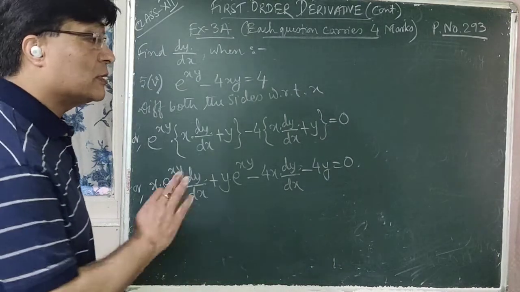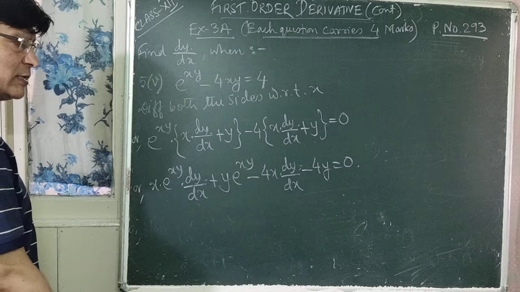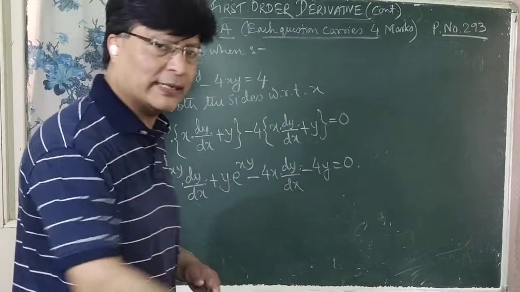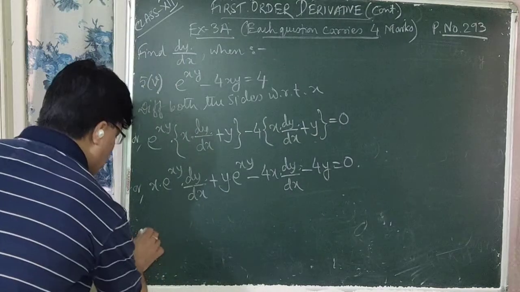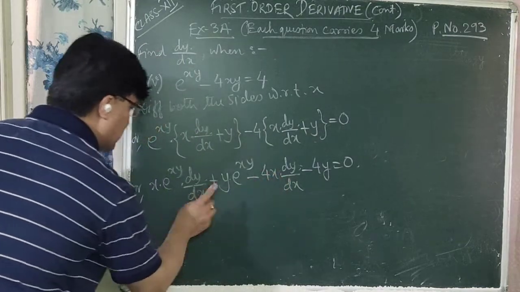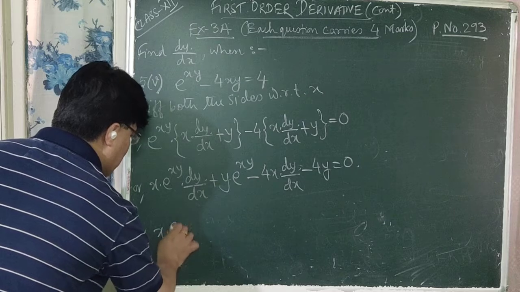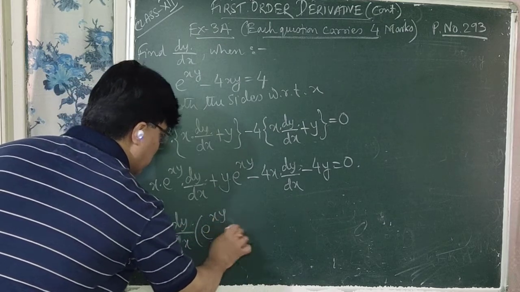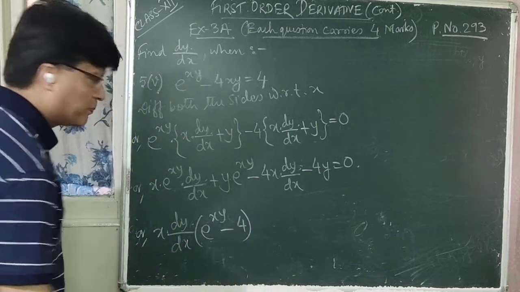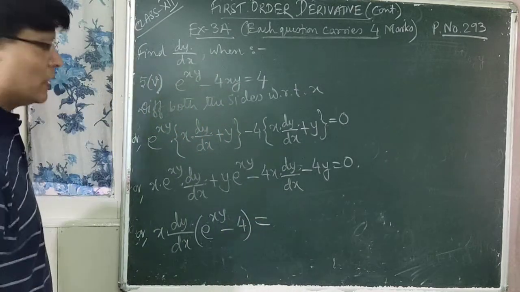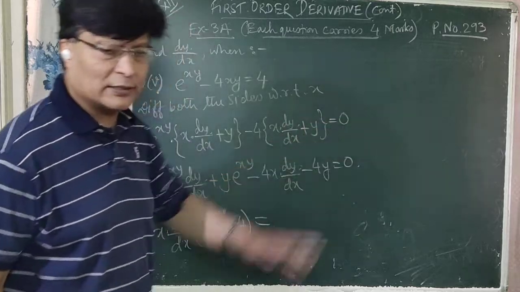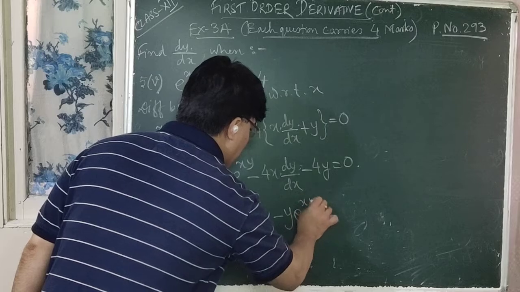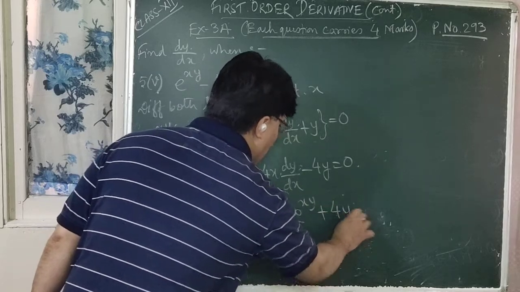So keep the terms containing dy by dx on the left hand side and all other terms which are free from dy by dx, take them to the right hand side. Now from the first term and third term there is a common factor. What is common? x into dy by dx is taken common. So within the bracket what do we get? e to the power xy minus 4. Now this is equal to, the second and fourth terms are taken to the right hand side, so it becomes minus y e to the power xy plus 4y.